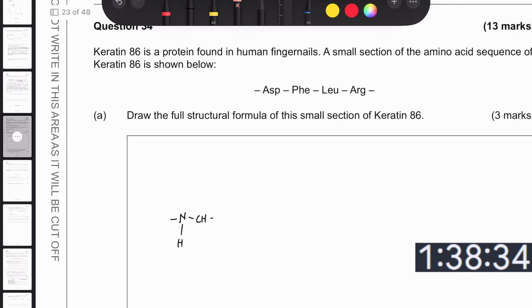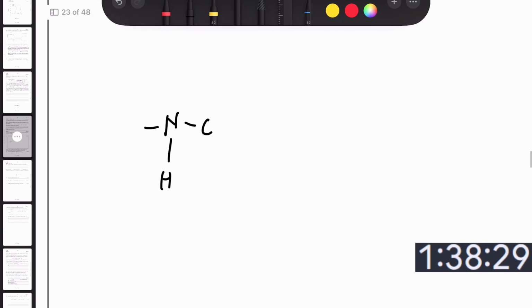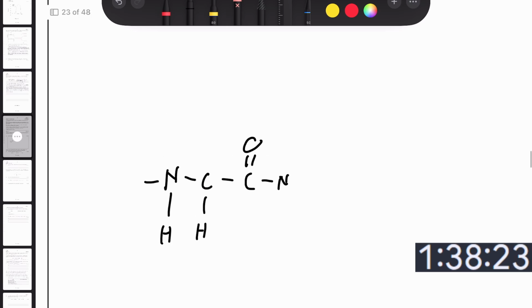Draw the full structural formula. Okay, fine, whatever. So H, C, that will double bond to O, and that becomes an N. Aspartic acid, so C, I'm going to have an H and an H. I'm going to have a C, double bond OH.